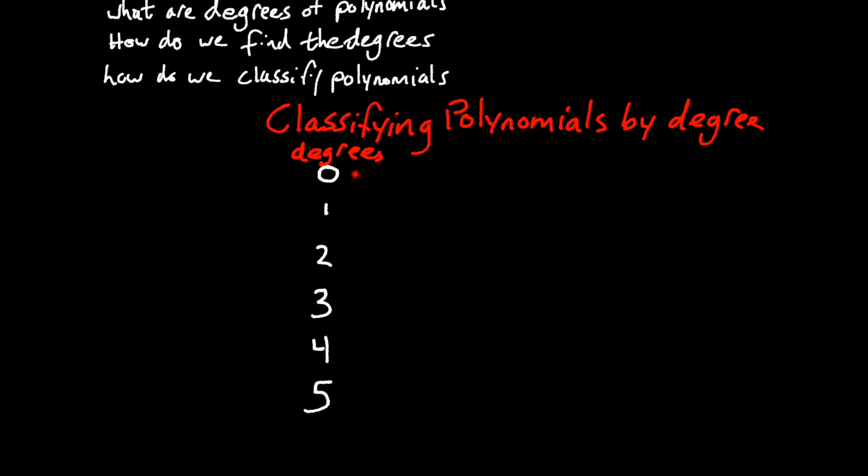If we have a degree of 0, this is referred to as a constant. And that's something like the number 5, or 9, or negative 9. If it has no variable attached to it, it is considered a constant, which is a degree 0.